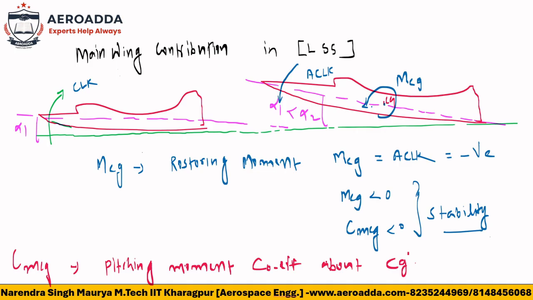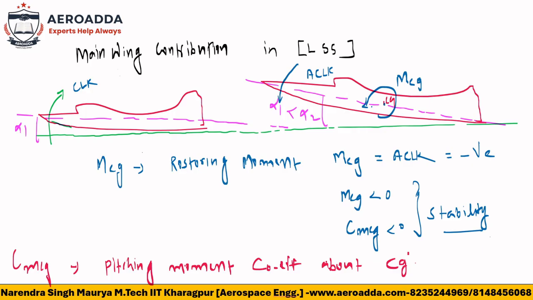So a pitch down or nose down moment, which is an anti-clockwise moment, is considered a negative moment. That I have already shown you in the graph. This is one thing.